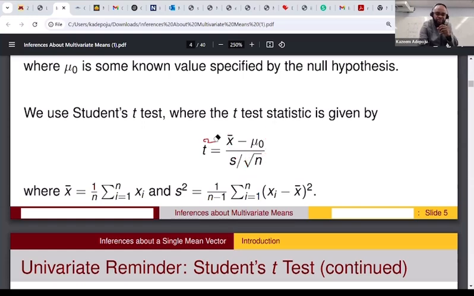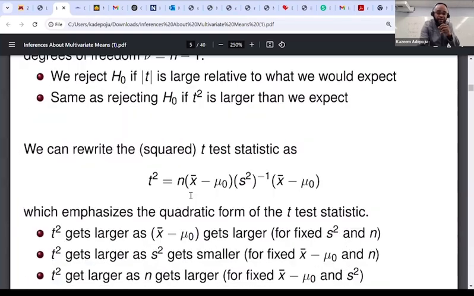Please pay attention. Math is easy when you pay attention and understand what is behind the scene. Now you know what I've done here. When I squared, the square root of n becomes n.